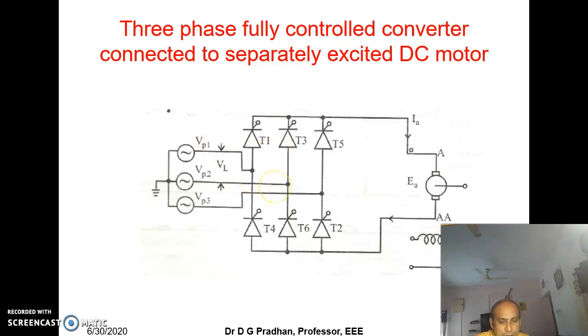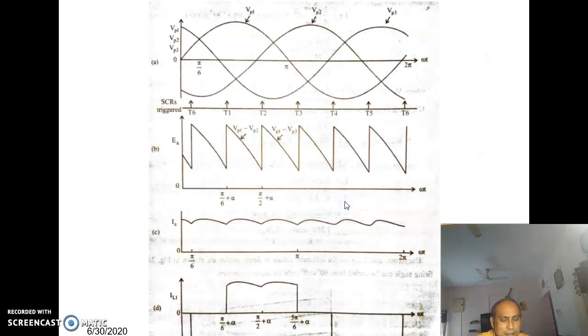The waveforms of the three-phase voltages Vp1, Vp2, Vp3, the voltage applied to the armature Ea, the armature current Ia, and the line current are shown in this slide. At 30 degrees the thyristor T6 is triggered.